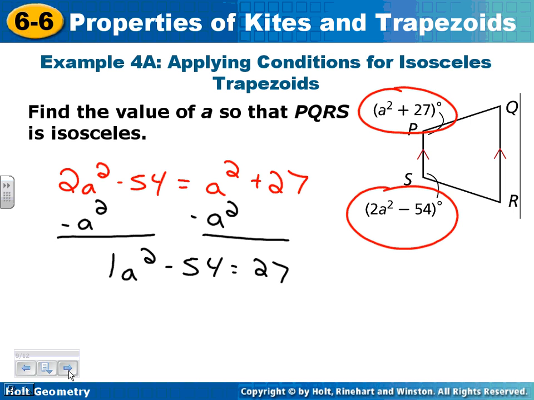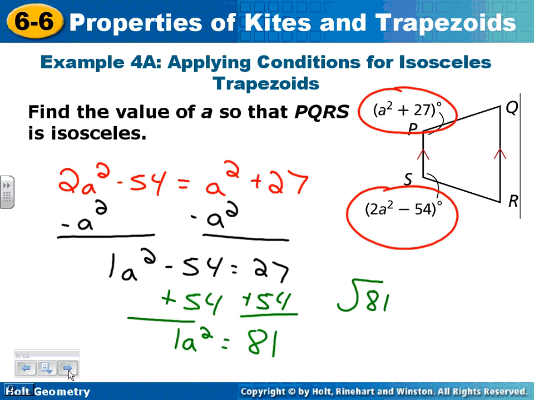Then I would add 54 to both sides. So 1a squared would be 81. So what number squared gives me 81? The square root of 81 would be 9. So that's the value of A that makes that an isosceles trapezoid.